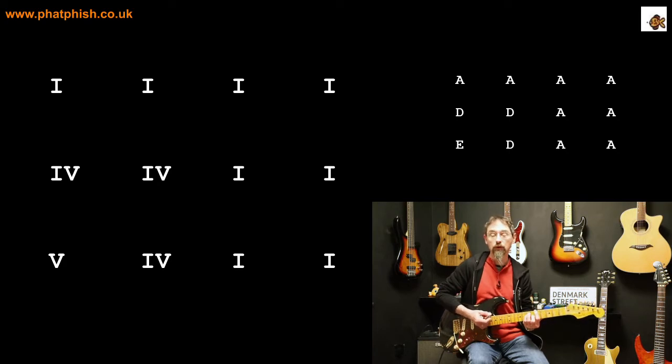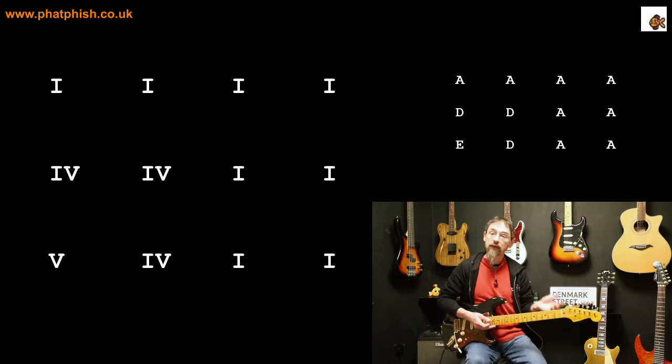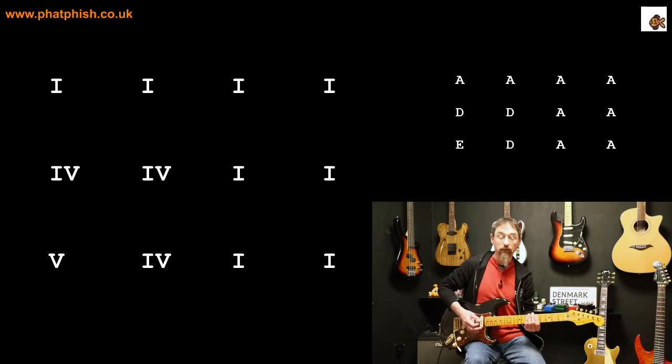Then a bar of E major, the 5 chord, a bar of D major, the 4 chord again, and then 2 bars of A major as the 1 chord. If you put them together into a progression, you get something that sounds like this.